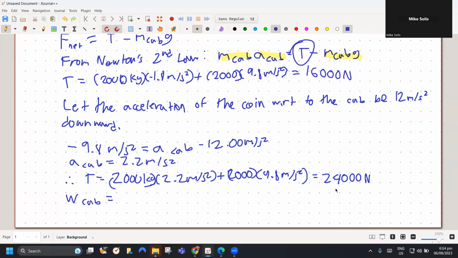Ano ba yung ibig sabihin ng weight? Wait, yung in-exert niyang force sa ground. Hindi. Ano yung fundamental na definition ng weight?